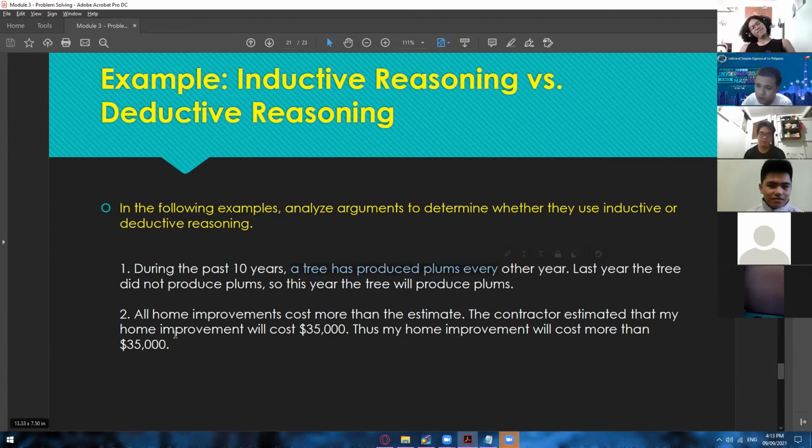But what about number two? All home improvements cost more than the estimate. The contractor estimated that my home improvement will cost $35,000. Thus, my home improvement will cost more than $35,000. Is this inductive or deductive?